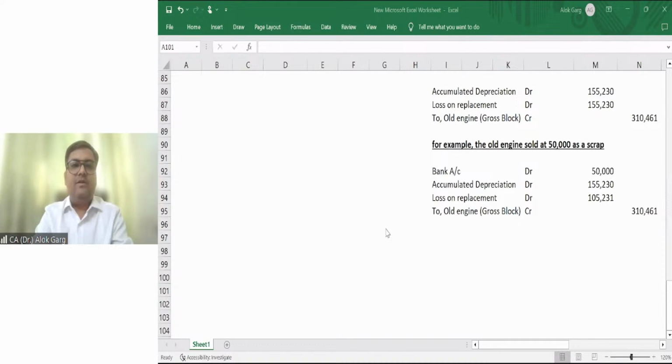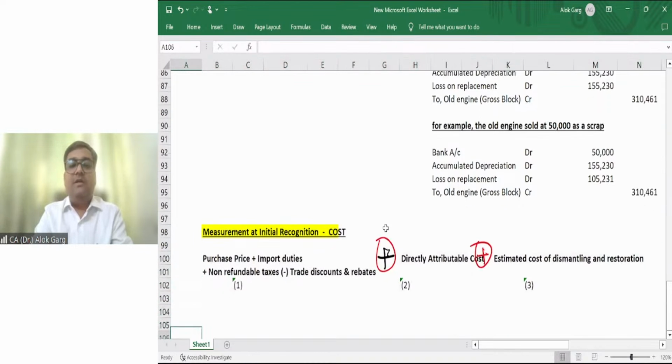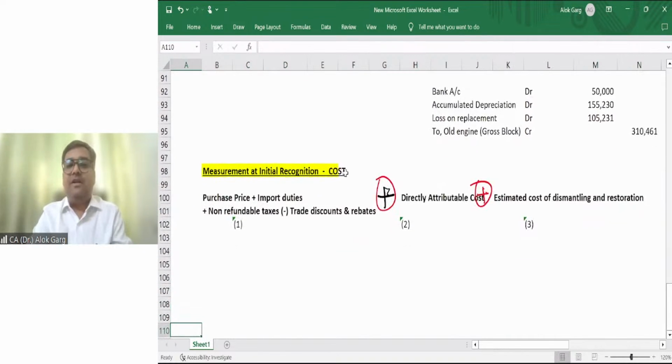Right. So measurement and initial recognition. We understood that the measurement and initial recognition should be at cost.